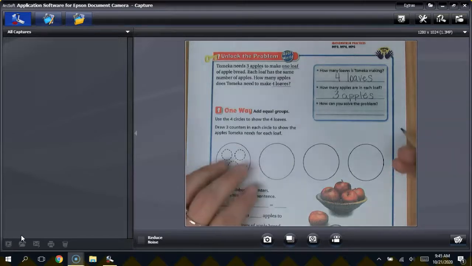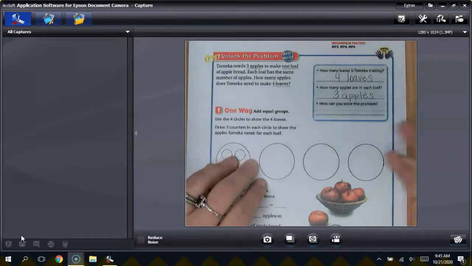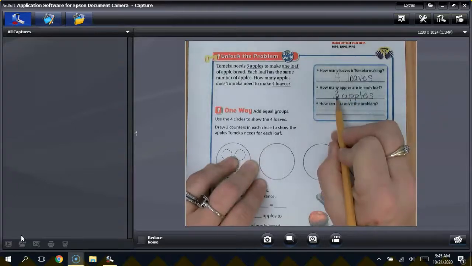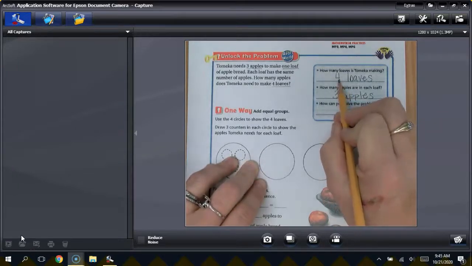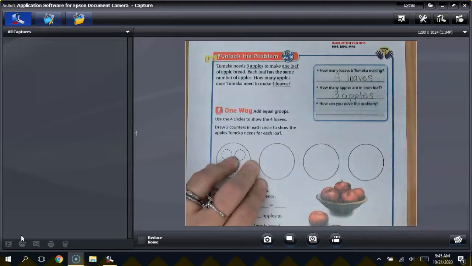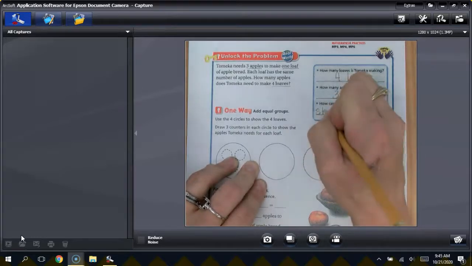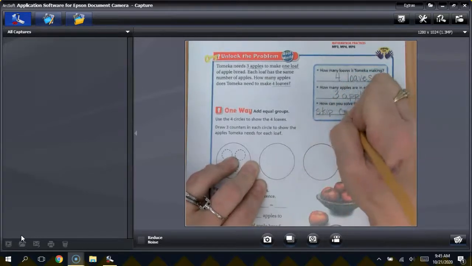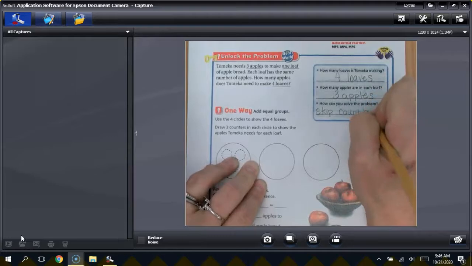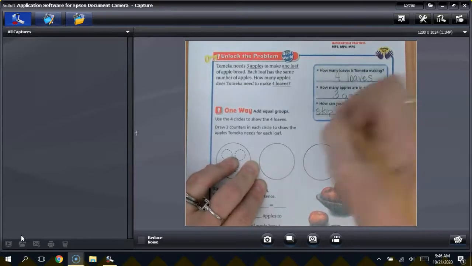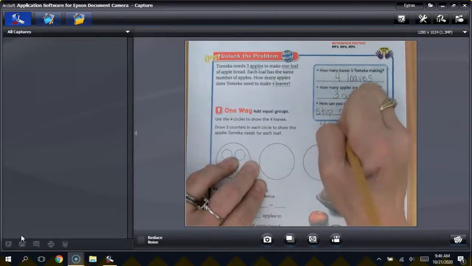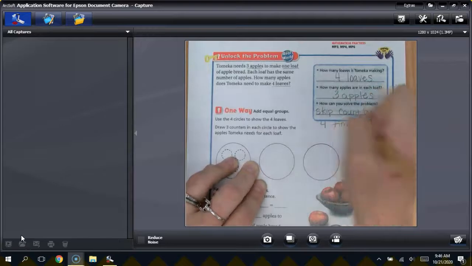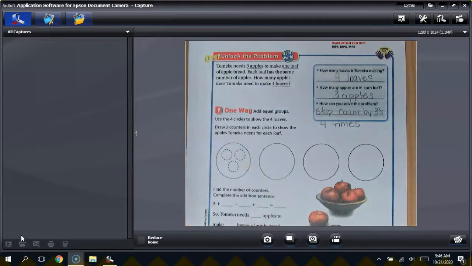We're going to skip count by 3s 4 times because we need 3 apples for each loaf, but we have 4 loaves. That's just one way that you can figure out how to solve the problem.